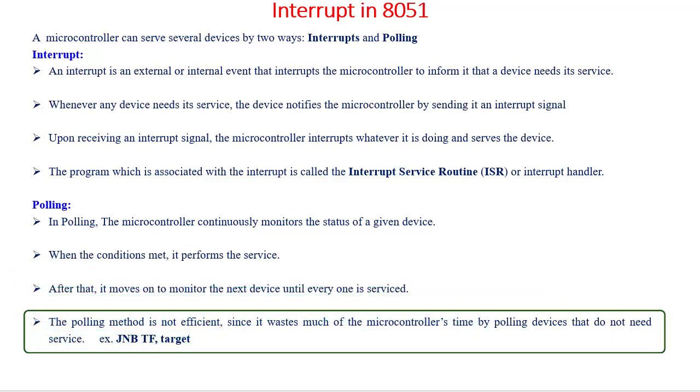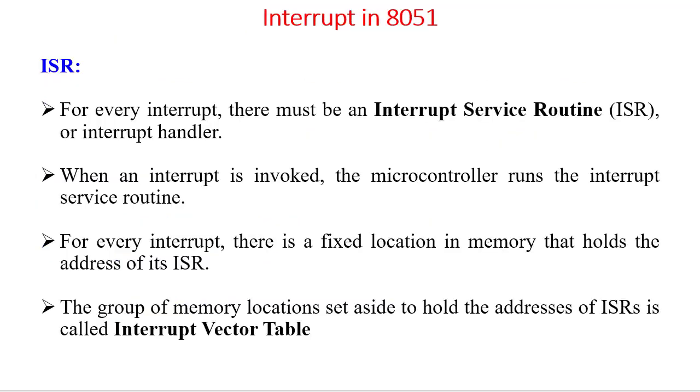The polling method is not efficient since it wastes much of the microcontroller's time by polling devices that do not need service. For example, JNB TF, target. When this instruction is executed, the microcontroller will continuously check whether the TF bit is 0 or not.